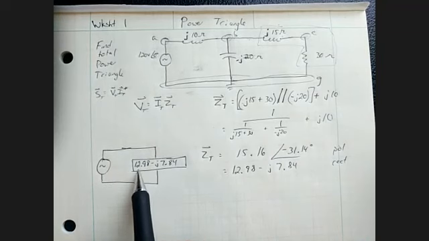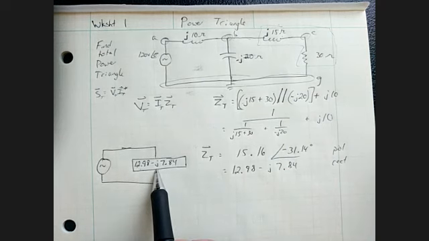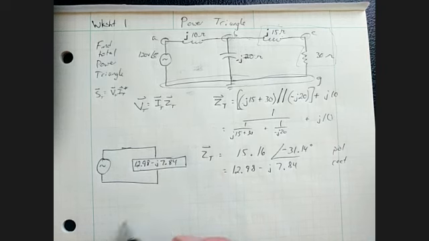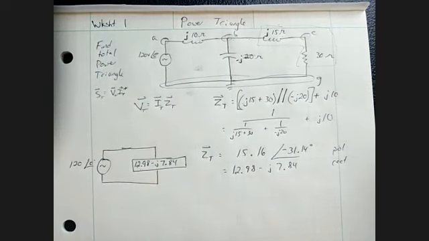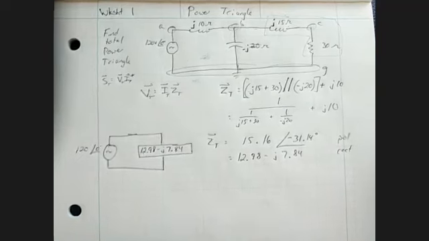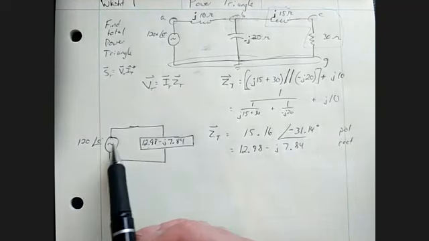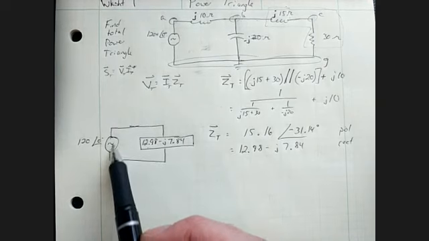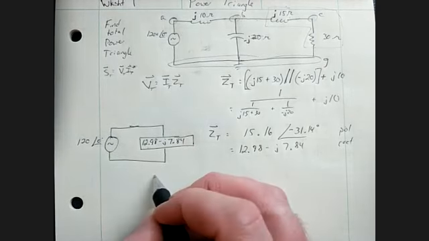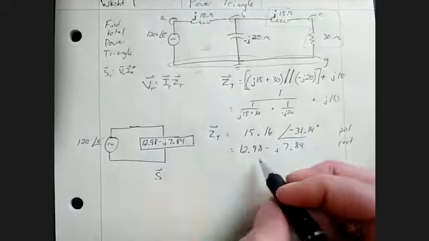It tells me that the total resistance is 12.98 and the total reactance is 7.84, and it is a capacitive circuit. 120 angle 0, that's what we've just formed. And so now we have the total. The power delivered to this load is the same as the power delivered by the source, which is the total.